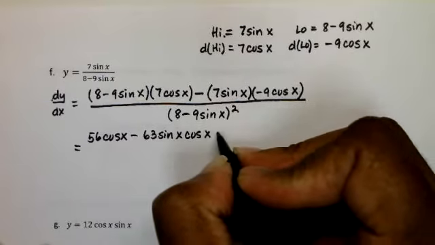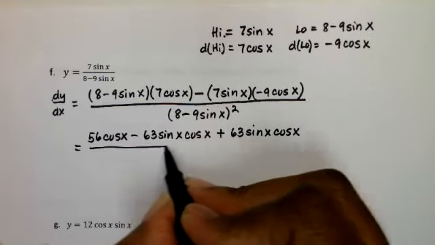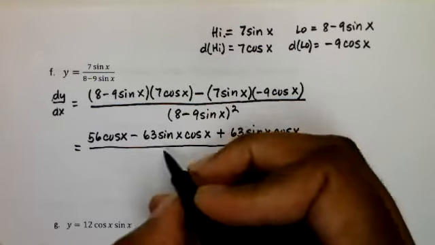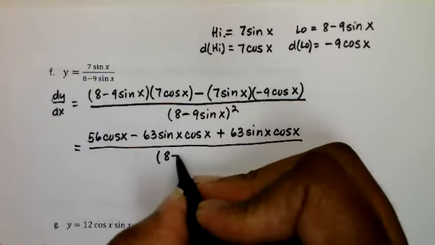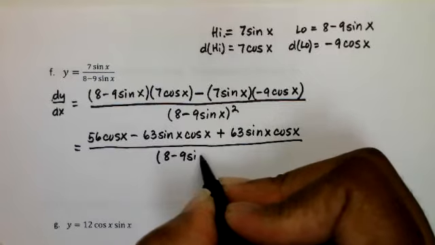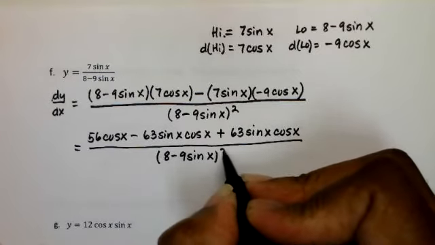Now, this minus times this minus will make that a plus. Then 7 times 9 would be 63, and then times the sine of x, cosine of x. All that's divided by the quantity 8 minus 9 sine of x, and that's squared.